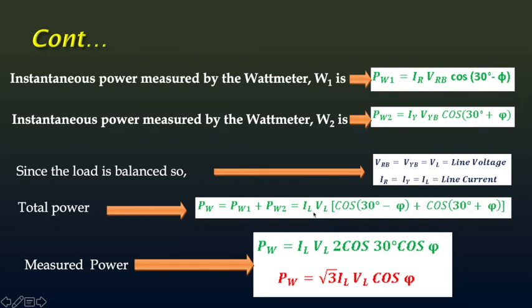We know that cos(A plus B) plus cos(A minus B) equals 2 cos A cos B. Using this formula, PW equals VL IL 2 cos 30 cos phi. Cos 30 is root 3 by 2. Then power equals root 3 VL IL cos phi. Hence, the sum of the two wattmeter readings gives the total power consumption in the three-phase load.